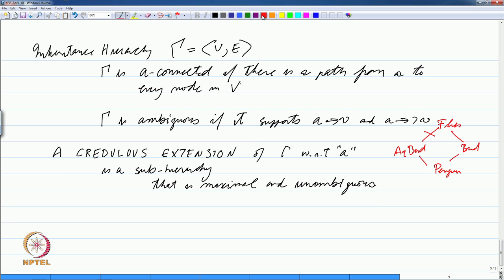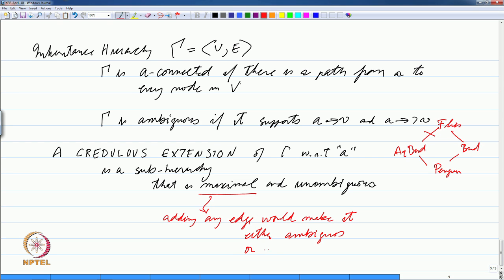And what do we mean by this? That adding any edge would make it either ambiguous or not A connected.